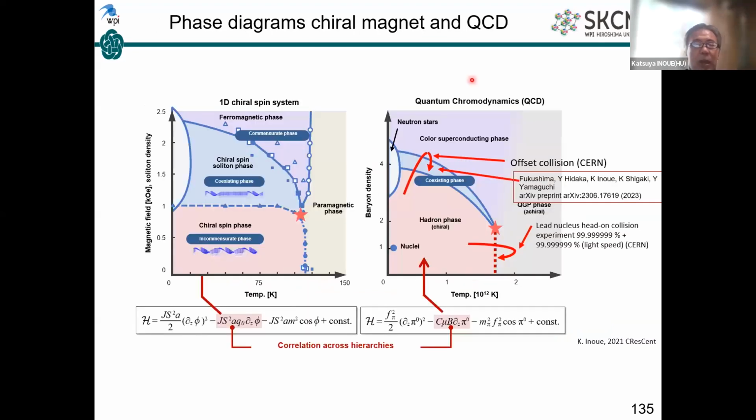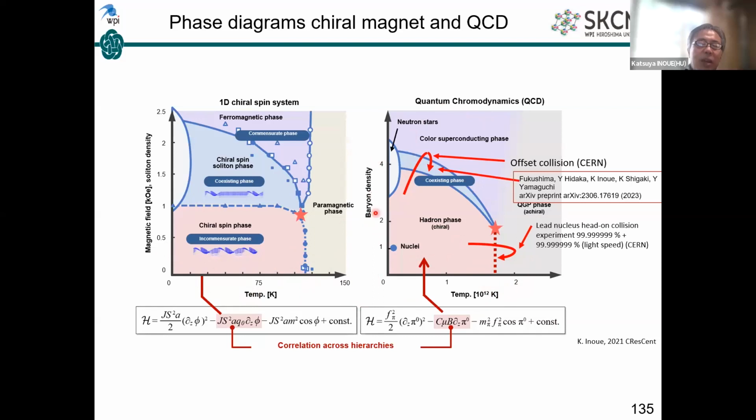Here is our phase diagram, which I already showed, and QCD people are also considering a very similar phase diagram. But if you compare the scales of temperature and density, they are completely different. Our system is 100 Kelvin, but their system is 10 to the 12 Kelvin. It's a much different scale.